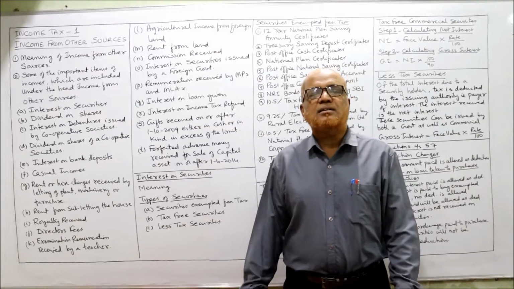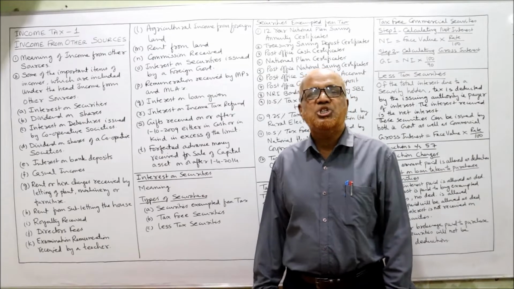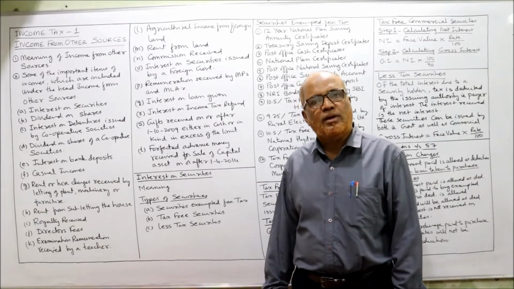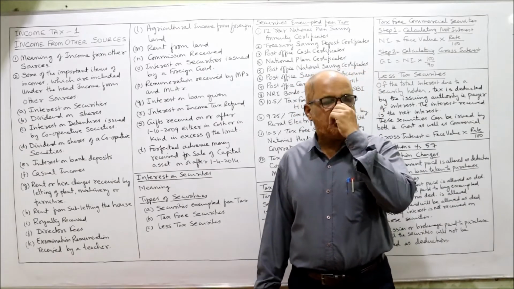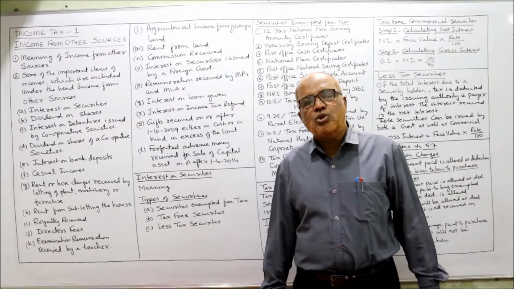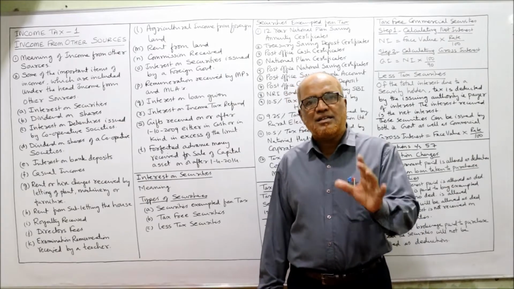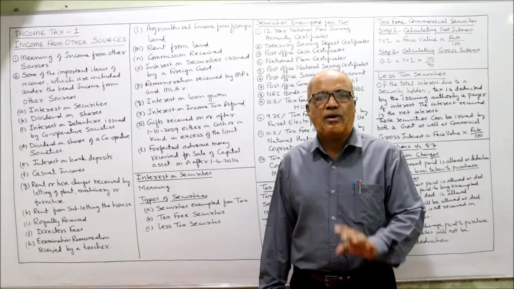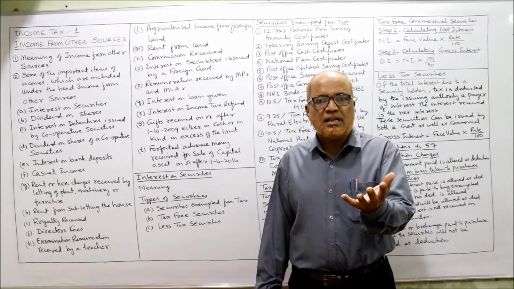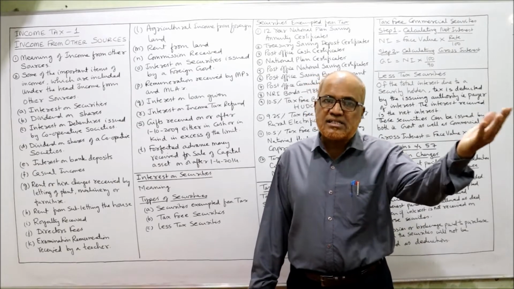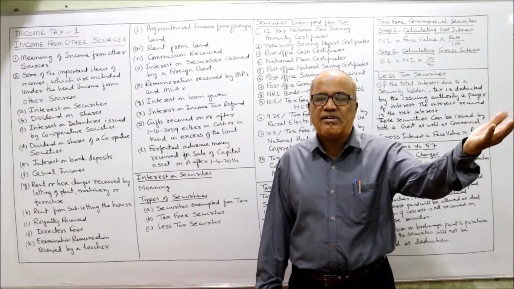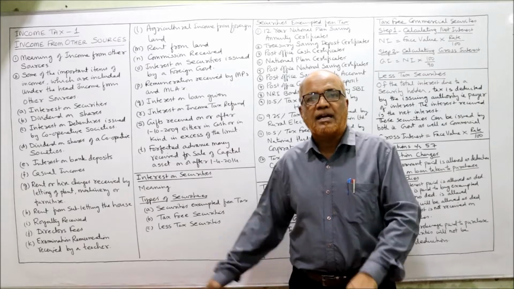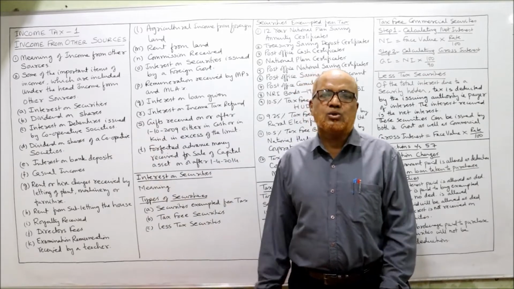The Income Tax Act has given a specific procedure of how to compute interest on securities. I told you securities means the bonds issued by the government or debentures issued by the companies. These are called securities. So if an assessee has invested in securities and on that investment he is getting interest, then it will be taxable under income from other sources.